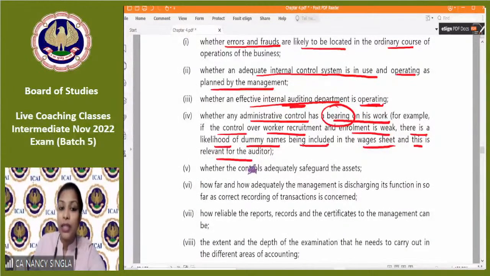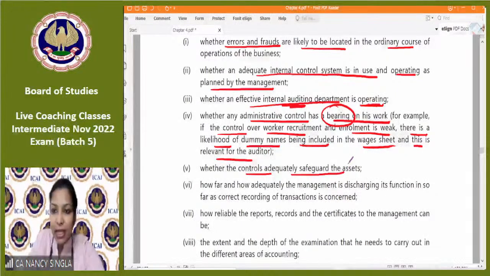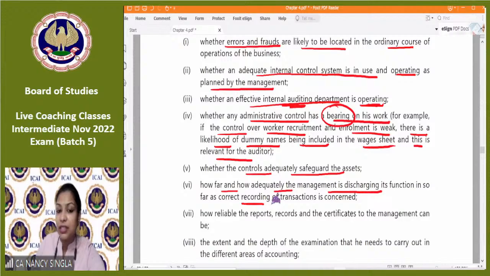ठीक है. So whether controls adequately safeguard the assets, controls हैं, effectively work कर रहे हैं, ये हमने पहले देख लिया. ठीक है. But whether they are such that they are able to safeguard the assets or not. ठीक है. How far and how adequately management is discharging its functions relating to recording of transactions.